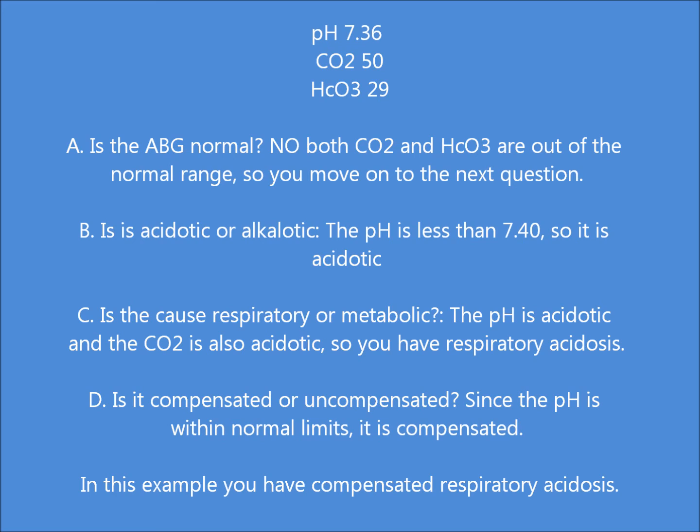Is it acidotic or alkalotic? The pH is less than 7.40, so it is acidotic. Is the cause respiratory or metabolic? The pH is acidotic and the CO2 is acidotic, so we have respiratory acidosis.